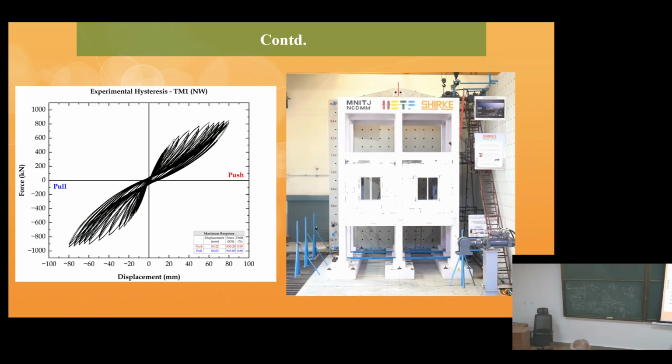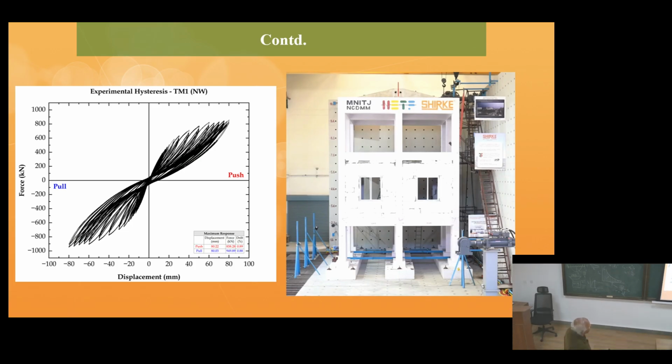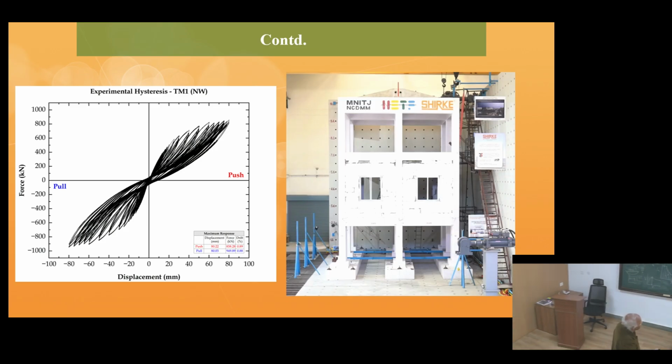In the beginning, small displacement, and when it was going, it was following more or less the same. Then gradually it deviated, and then you can see the loops have started forming for bigger displacement. Can you see that? And then if you join the tops of these loops, it gives you the backbone curve.